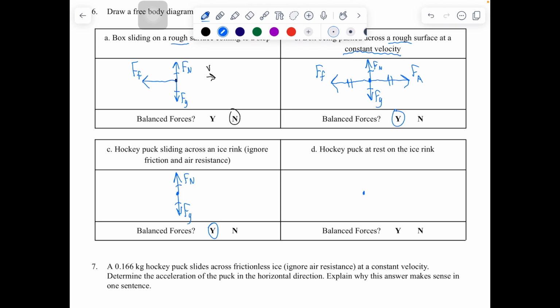Also balanced forces. No one's pushing it. There's no friction, no air resistance. We just have gravity and normal force, and they are balanced. Notice how these free body diagrams are the exact same, but the movement is different. You cannot tell motion from a free body diagram, only acceleration.